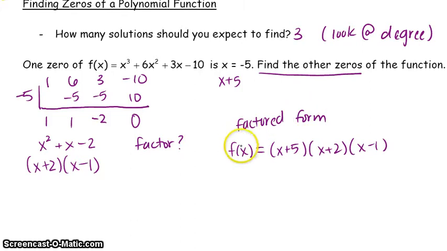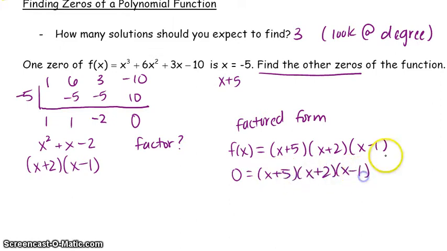To do that, all we do is set this f of x, this whole polynomial, equal to 0. When we do that, we need to use our zero product property and set each of these factors equal to 0.